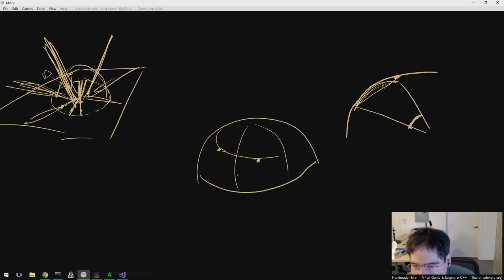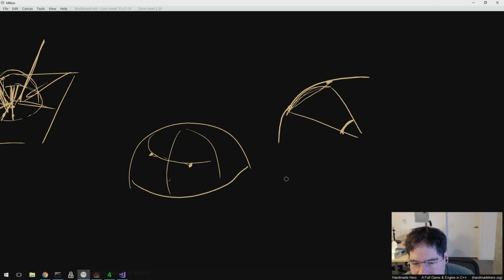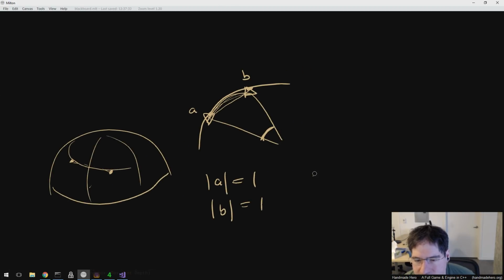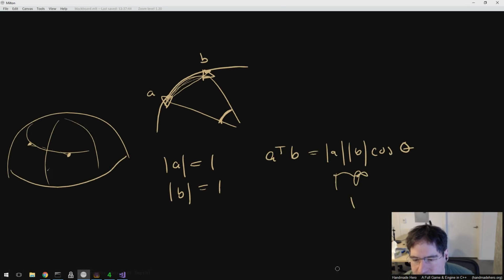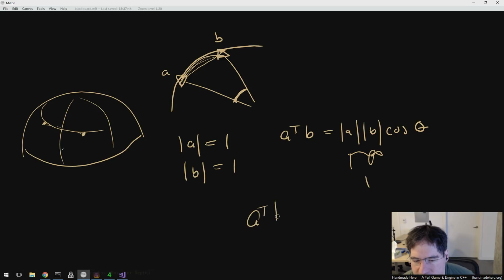How much angle is between them. And that may sound fairly complicated, but it's really not, because remember, if we have 2 normals, A and B, and I know that the length of A is 1, and the length of B is also 1, then A transpose B is going to be length of A, length of B, cosine theta. Since these are both 1, A transpose B is actually just equal to cosine theta.